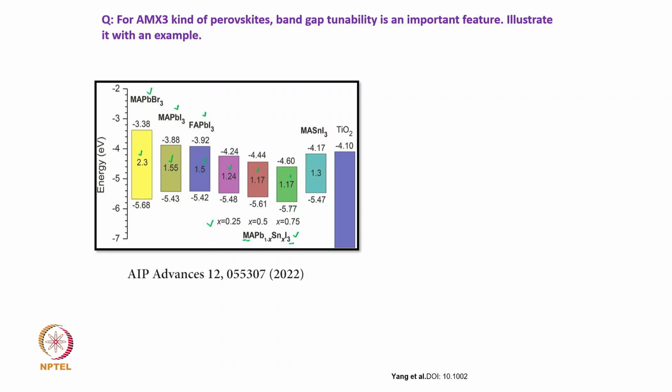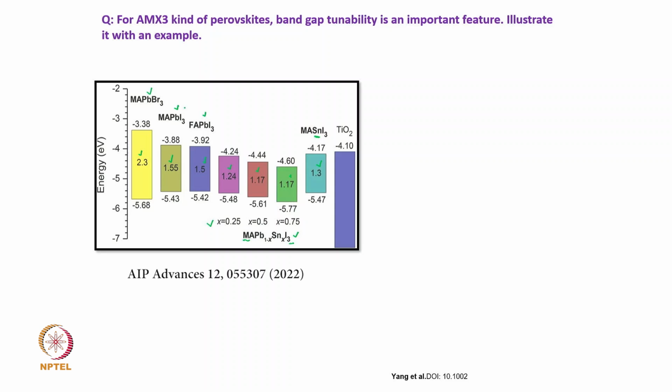Okay. But now, if I go to full tin Sn, there is no lead, that means lead is completely replaced by tin, then the band gap becomes 1.3 electron volt.